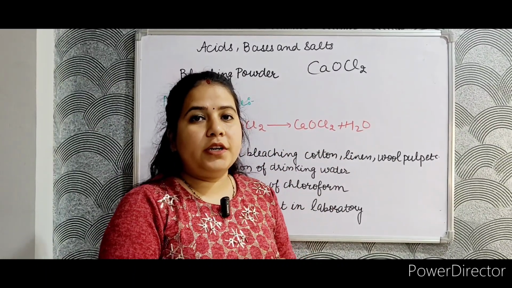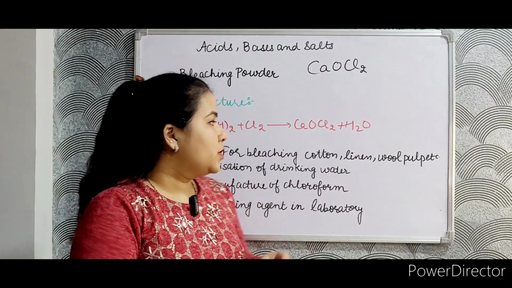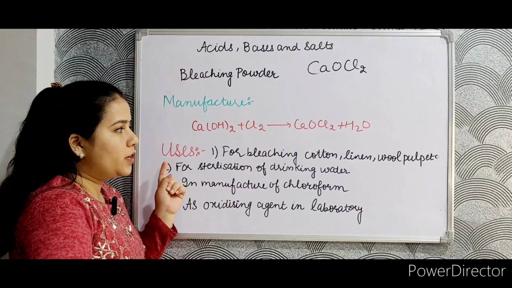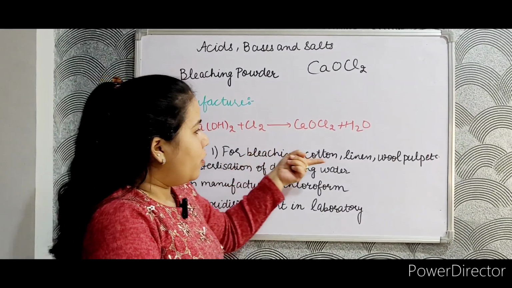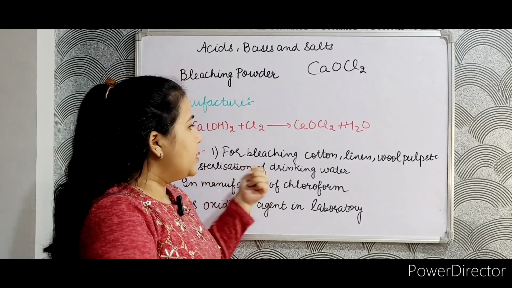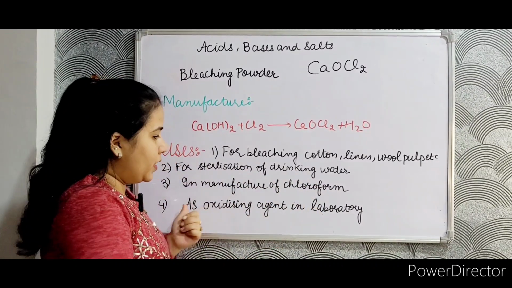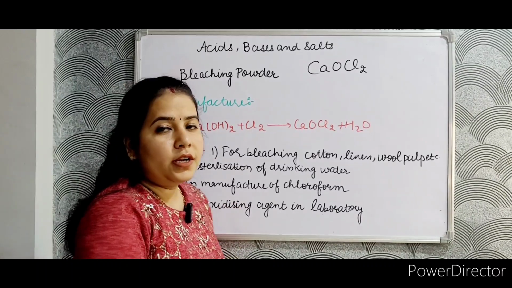It is a very useful reagent in the textile and paper industry. Some of the uses of bleaching powder are bleaching cotton, linen, wool pulp, etc., sterilization of drinking water, manufacture of chloroform and as an oxidizing agent in the laboratory.